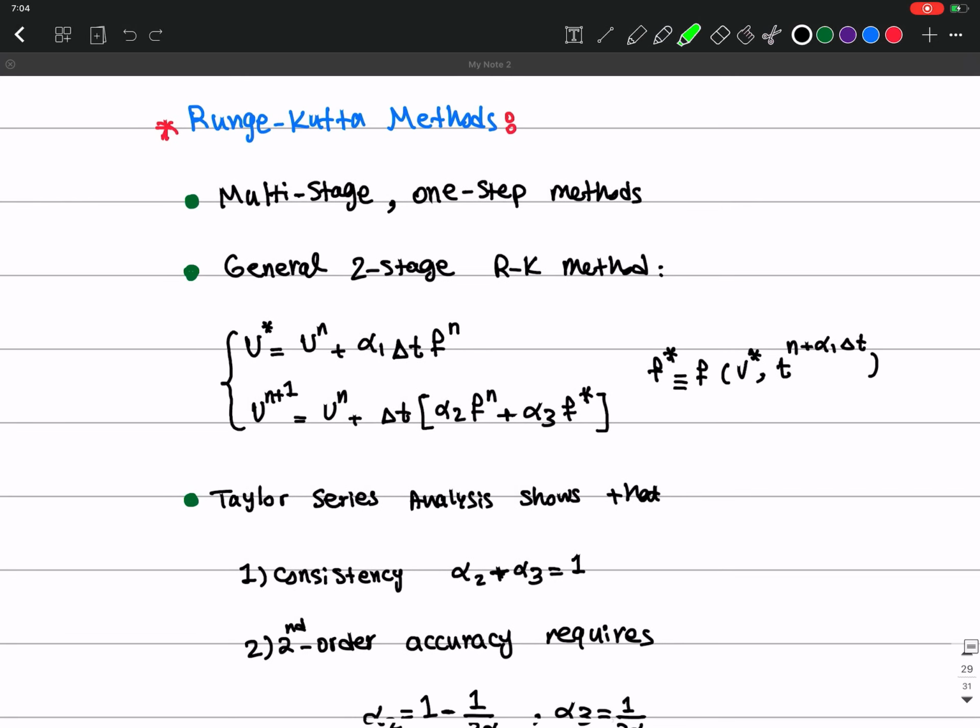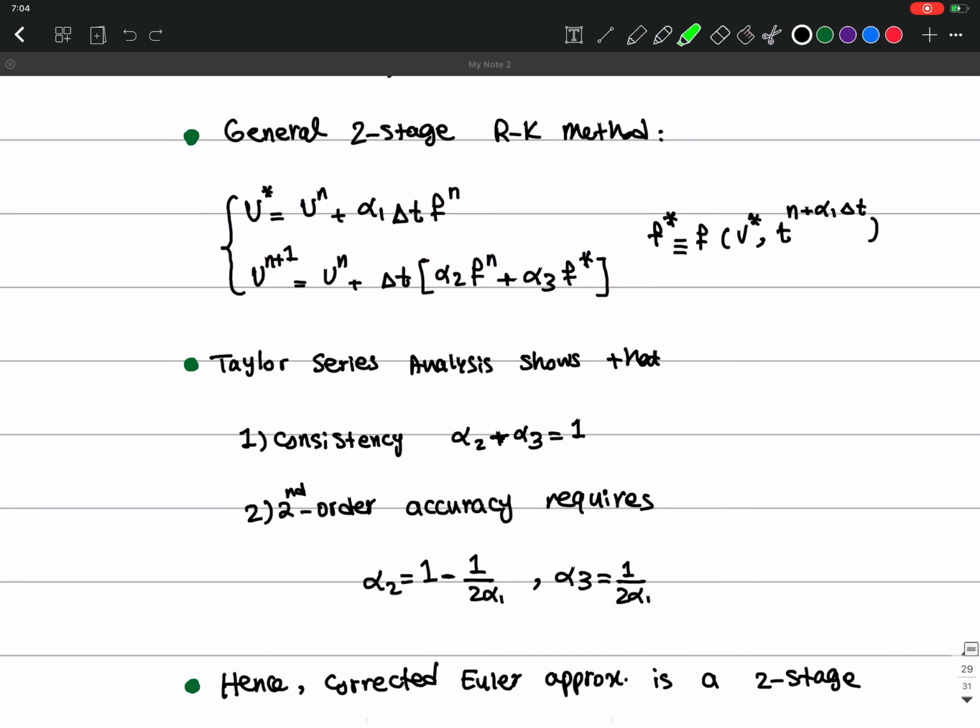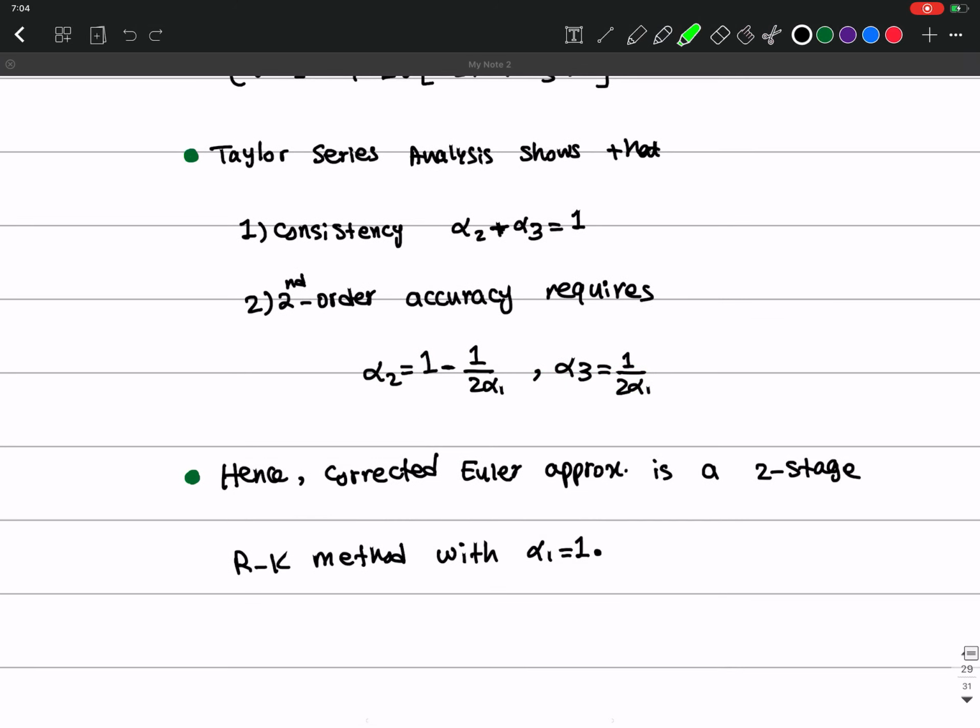So the general two-stage Runge Kutta method is shown here. And then we showed with a Taylor series that alpha 2 plus alpha 3 should be 1. And in order to get second order accuracy, this requirement should hold. And so the Euler approximation is actually a two-stage Runge Kutta method with alpha 1 equal to 1.